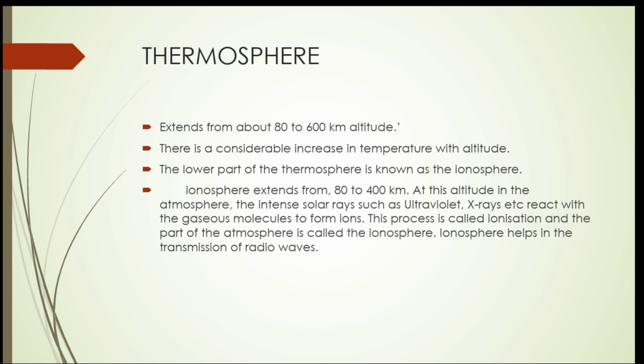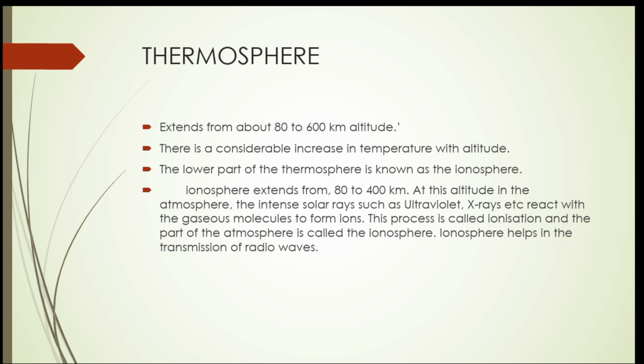The lower part of the thermosphere is known as the ionosphere. That is, the region of the thermosphere from 80 to 400 km is known as the ionosphere. At this altitude in the atmosphere, the intense solar rays such as ultraviolet rays, X-rays, etc., react with the gaseous molecules to form ions.